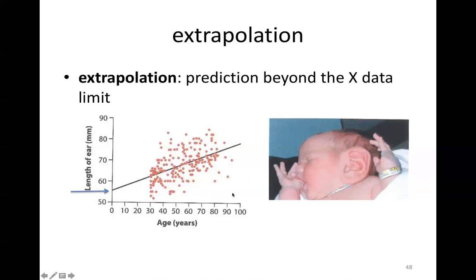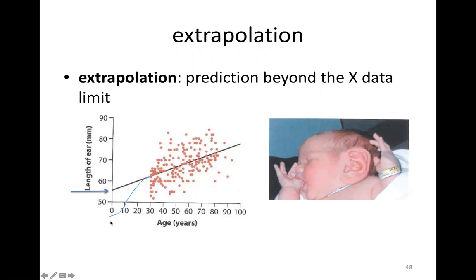Here you can imagine what's going on. The increase in ear length obviously appears linear within this range in adults, but it is most likely non-linear in early postnatal development. So probably the curve looks something like this.